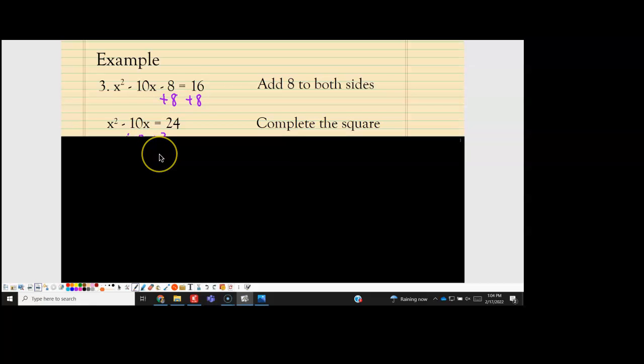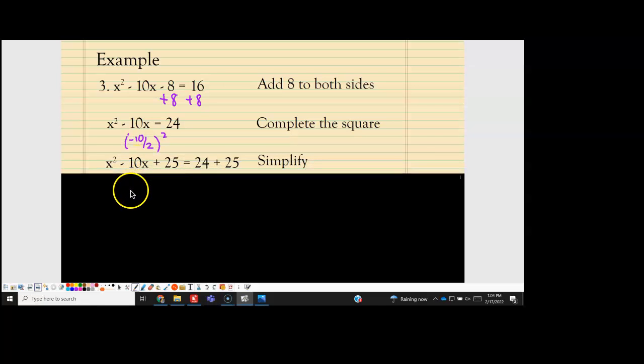So we get x squared minus 10x equals 24. Now we're going to complete the square on the left. So you have 10 divided by 2, which is 5. 5 squared is 25. So we're going to add 25 to both sides. And nicely enough, 24 plus 25 is a perfect square.